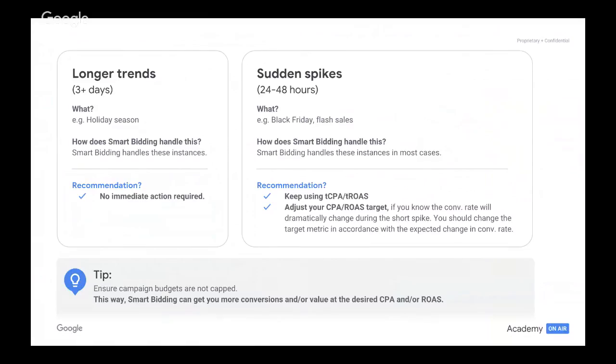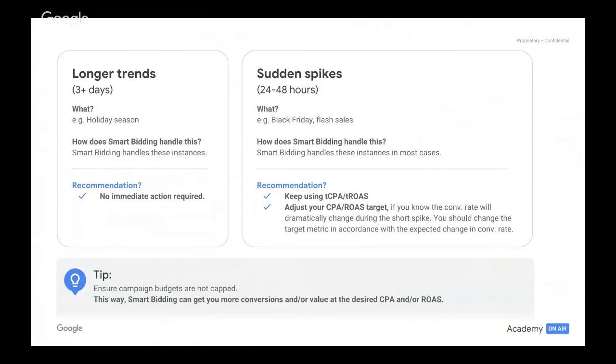But one thing you should have a look at is do look at past seasonal events. So if you are falling into this sudden spike bucket of a flash sale or something like a Black Friday event, look at past events that have occurred. So maybe last year's Black Friday or a previous season's flash sale, and see what, if any, change there was to the conversion rate.